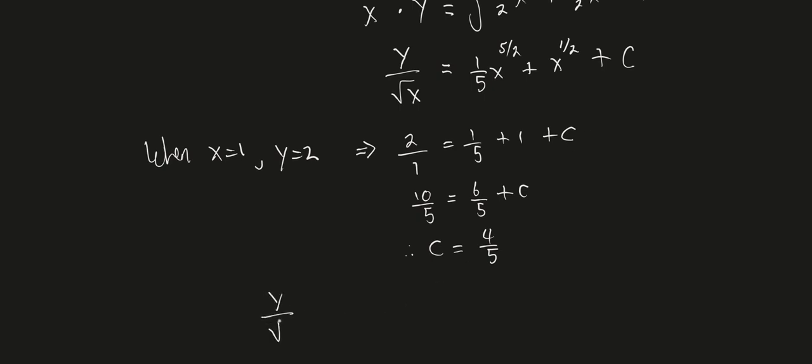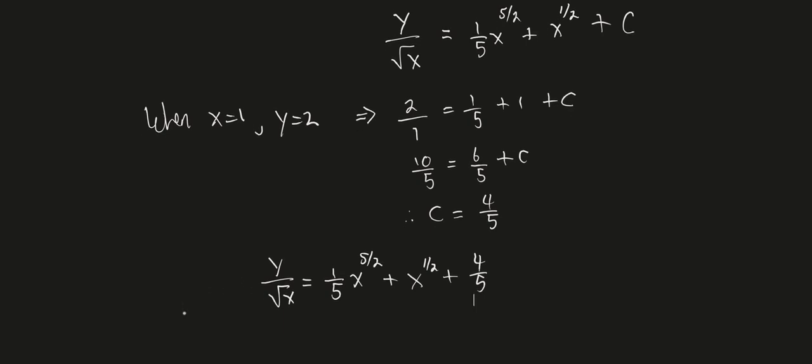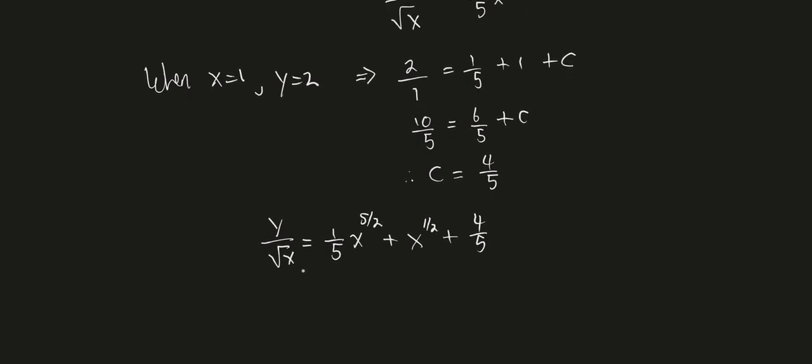So we have y over root x is equal to 1/5 x to the 5 halves, plus x to the 1 half, plus 4/5. Now, since I want to isolate y, I have to multiply everything by the square root of x, or x to the 1 half. So I'll have y equals, so this will be 1/5.